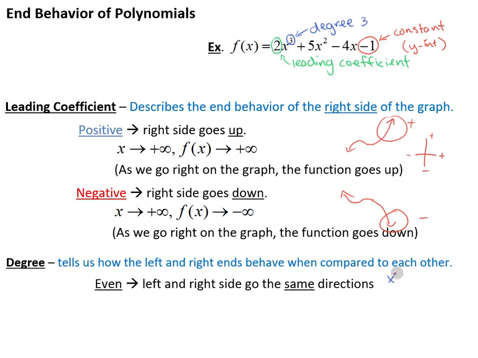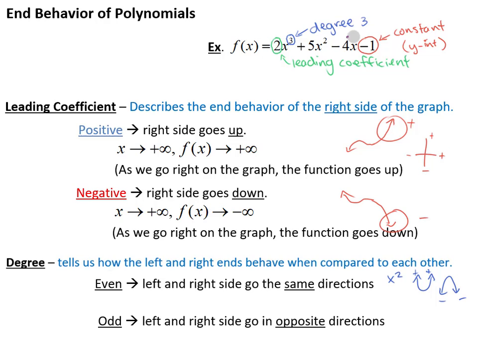So think about, for instance, x squared, right? We had parabolas that opened up or opened down, but they were either both going up or both going down. The left and right behaved in the same way. That's true about x to the 4th, x to the 6th. They're either both going up, the left and right hand sides, or both going down. There could be all kinds of crazy stuff happening in the middle, but I know at the extreme left and right, all even degree polynomials either both go up or both go down.